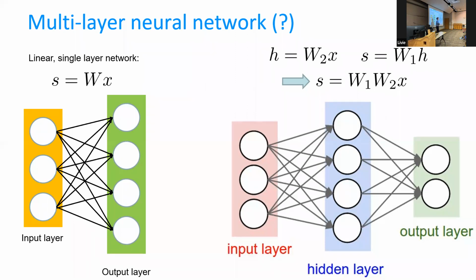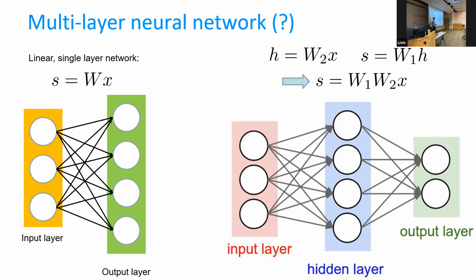That's a good point. The comment was that shouldn't you multiply them in the reverse order? The answer is yes. In this case, W2 would correspond to these synapses and W1 would correspond to these synapses. That's a great point.